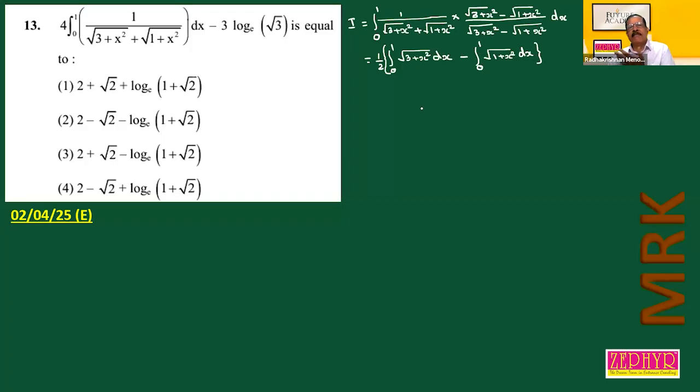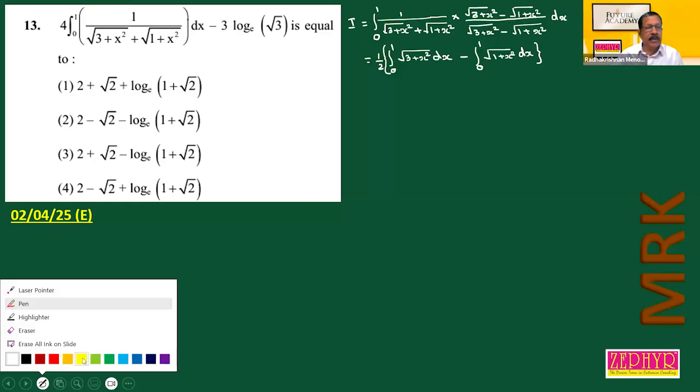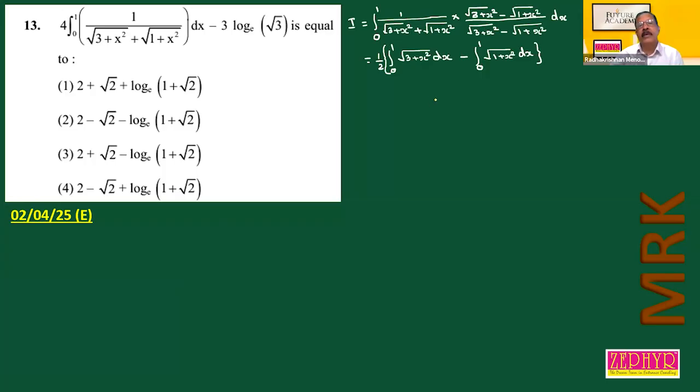Okay, you have to evaluate it separately. Each one has to be found separately. It's not difficult, it is only time consuming.